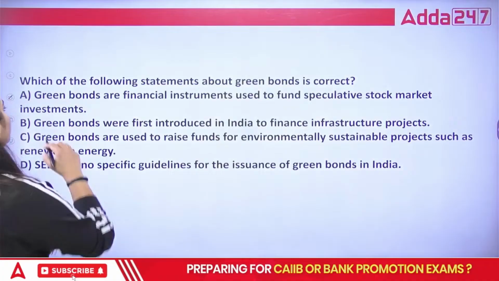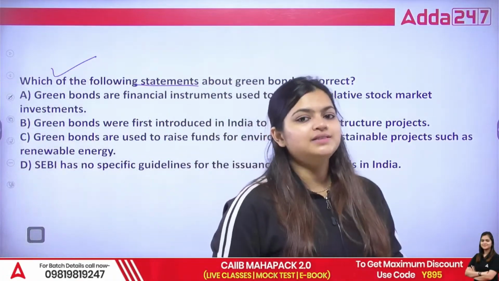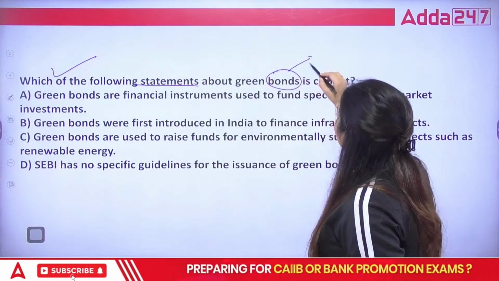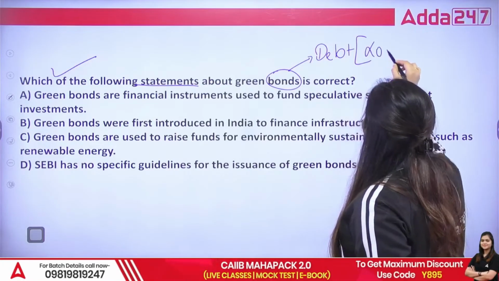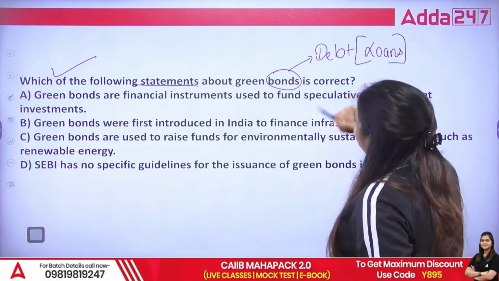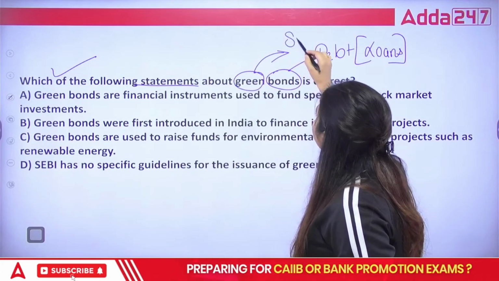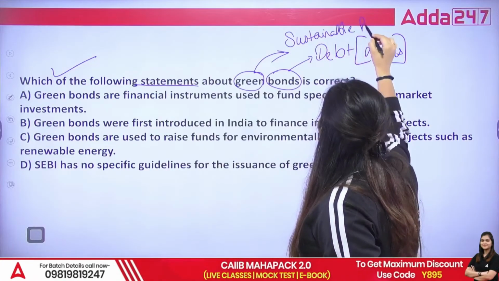Coming to the next question, which of the following statements about green bonds is correct? When we talk about bonds, bonds are part of your debt. What is debt? When you take any loans, that is your debt. Now, green bonds are for sustainable projects.